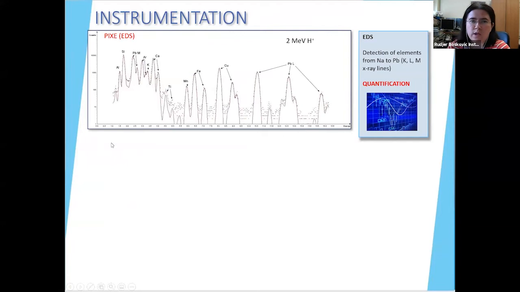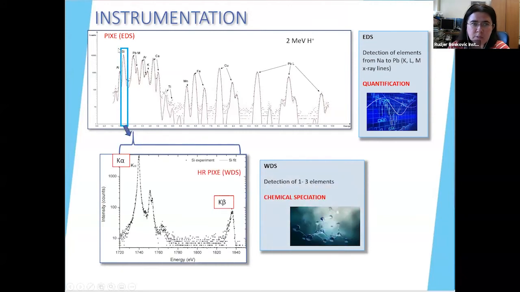So here is just the comparison. This is one spectrum taken with energy dispersive detectors, where in a single spectrum, within 10 minutes, you can detect all the elements in the periodic table and perform quantification. But in case of a wavelength dispersive system, you can only see one narrow energy window. For example, this is silicon, and in the energy dispersive system it is seen only as a single peak.